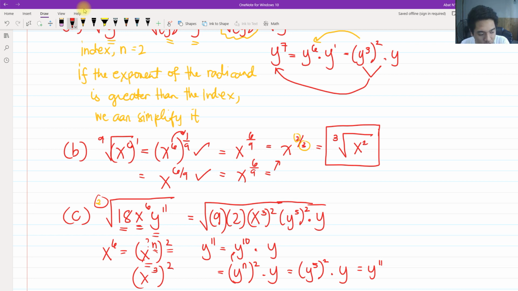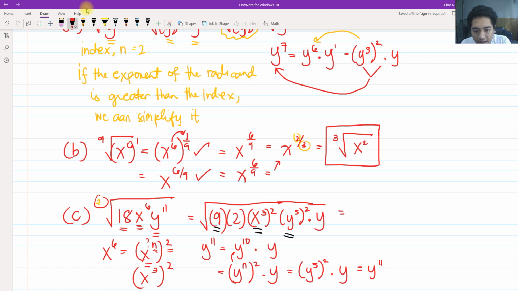using the properties of radicals, we can easily get the square root of some of the factors inside the radical. So we have 9. That's a perfect square. That's 3. And we can factor this out. We can simplify it. And this also we can simplify.